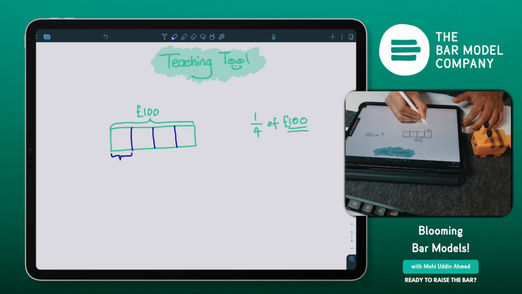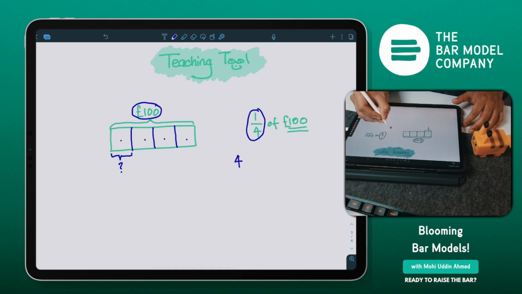This is a quarter. So we're trying to work out what a quarter of 100 is. And so what do you think we need to do? We've got 4 equal parts, and so I know the 4 parts is equal to 100.